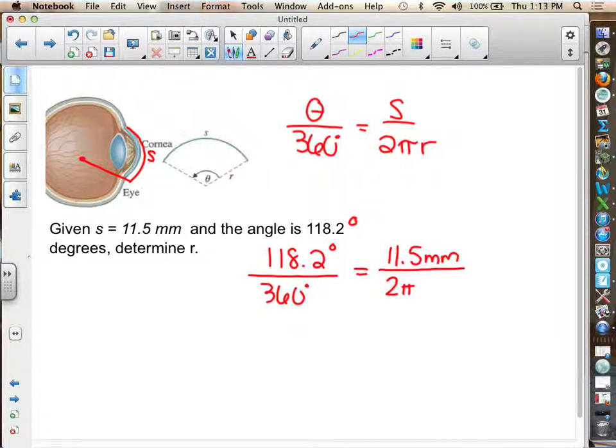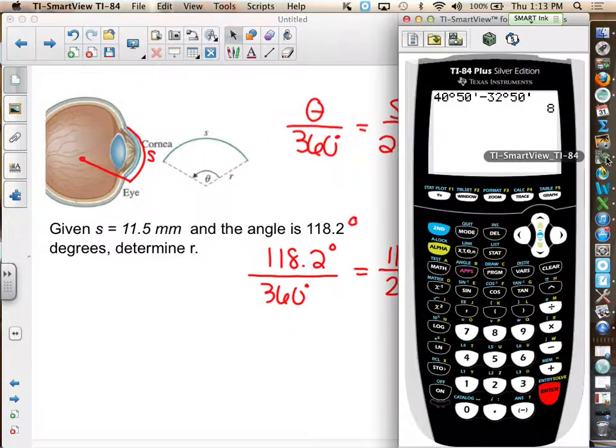And then I'm looking for this radius. And if you cross multiply, we'll have 118.2 times 2 pi. So you can take that into your calculator and hit enter.